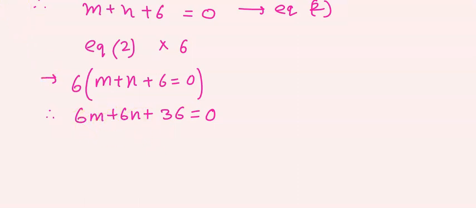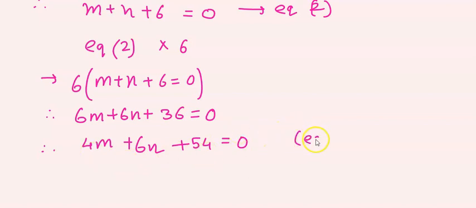Our first equation, 4m + 6n + 54 = 0, minus the second equation, 6m + 6n + 36 = 0, which we multiplied by 6.